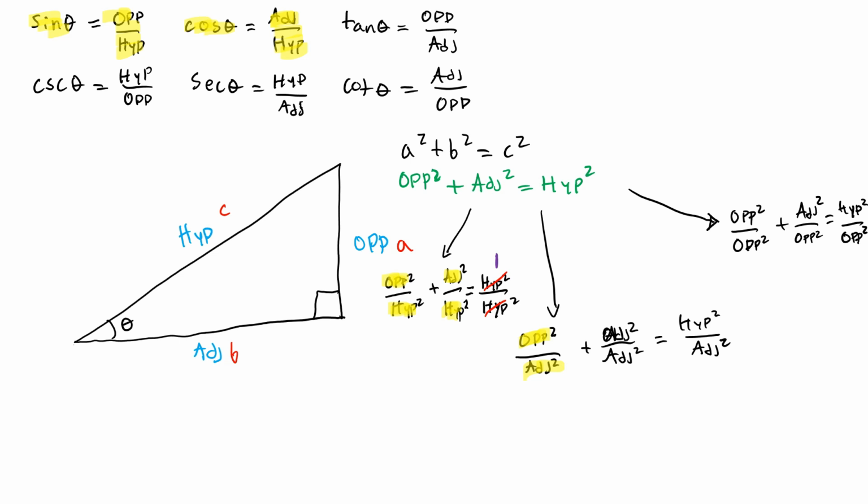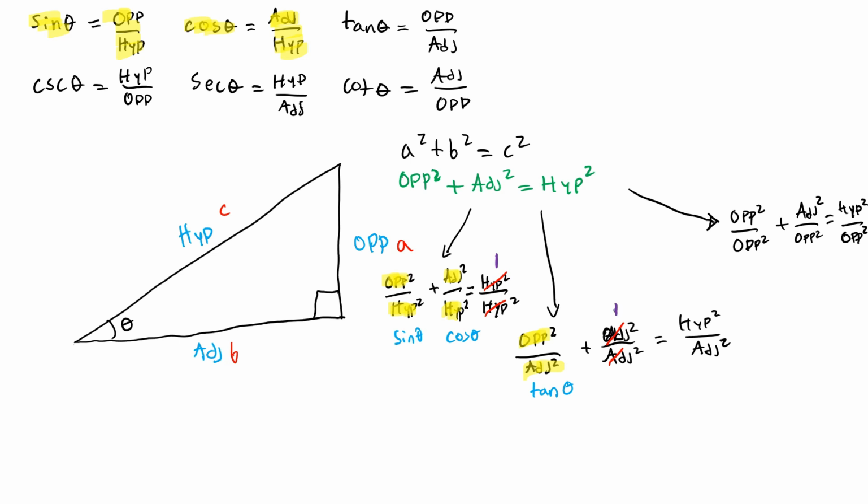This is sine of theta over cosine of theta. And forget about the squared for a second. I'm just recognizing our trig functions here. So this is opposite over adjacent. That's tangent of theta, right? Adjacent squared over adjacent squared, these cancel. We get 1.